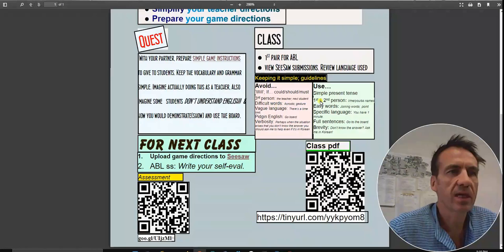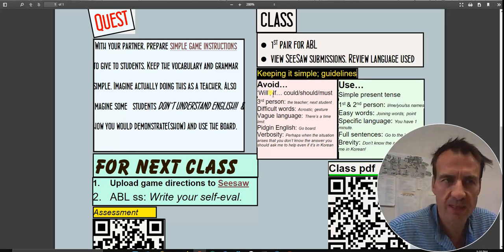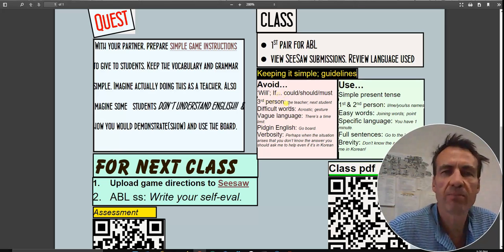Next, we looked at language. The language you should avoid, especially future and past tense. So you're trying to keep it in the present tense. Only me, you, and students' names. Difficult words you should avoid and be precise.